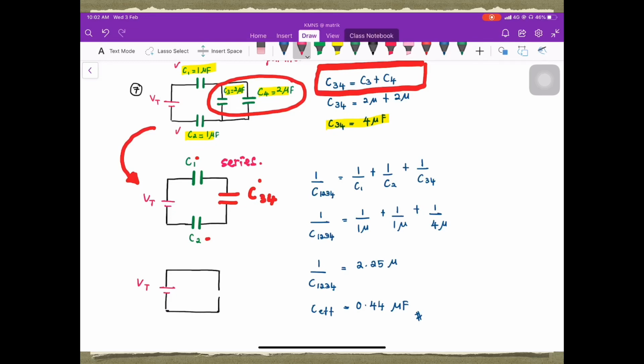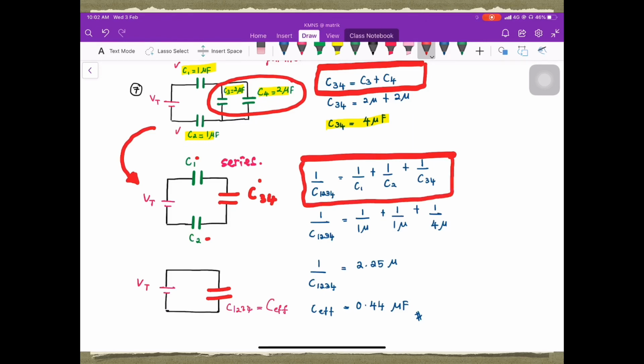Okay, now when we combine all together, we will get the new capacitor C1234, or in a simple way, we can write it as C effective. So how to calculate C effective? Using the series equation. Now we substitute the value here and finally we get the final answer.